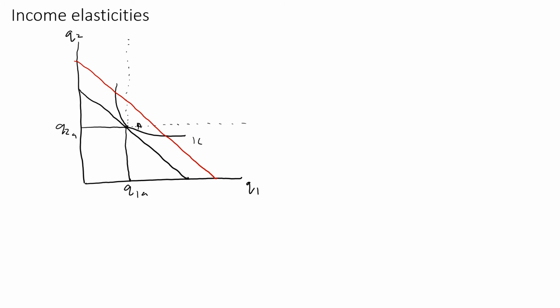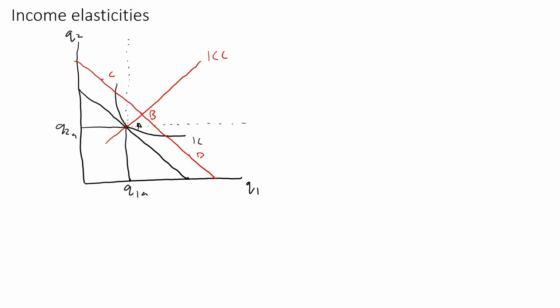Either the new indifference curve will touch the budget constraint at point B, it can touch the budget constraint at point C, or it can touch the budget constraint at point D. If it touches at point B, our income consumption curve could be shaped like this, or it can move anywhere between, let's say, this area.